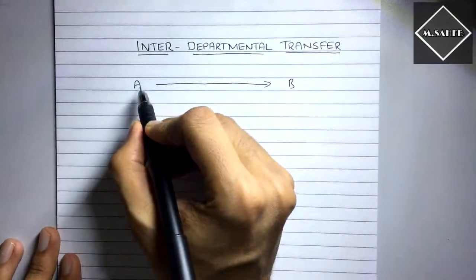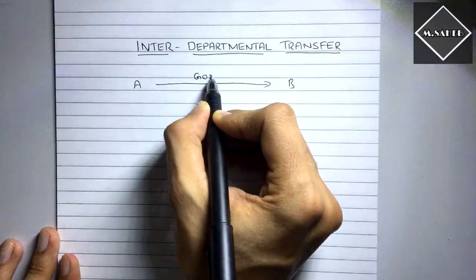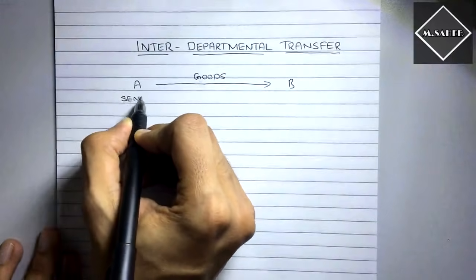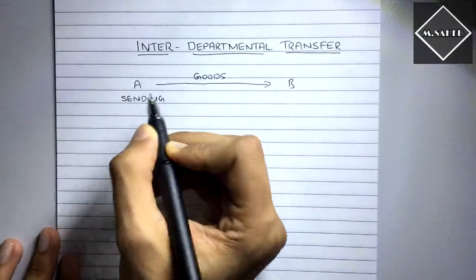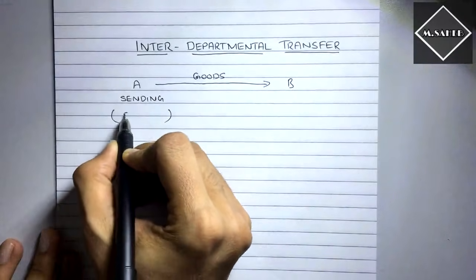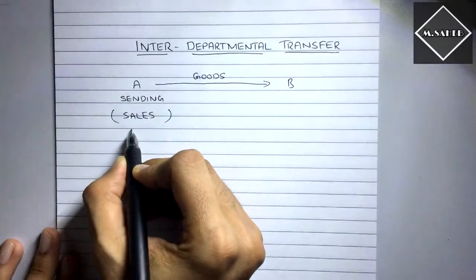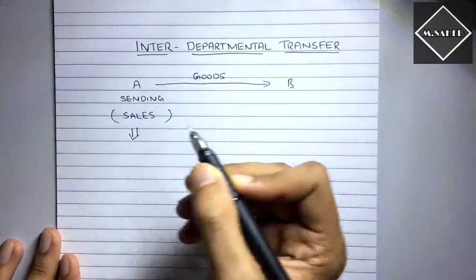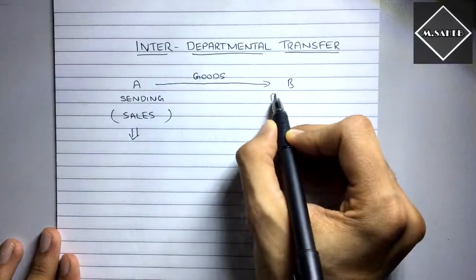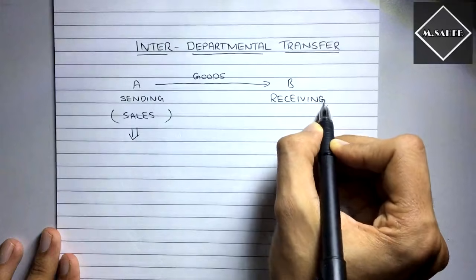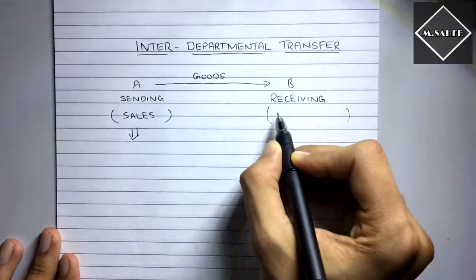Let's say the A department sends goods to B. Now the sending department will consider this transaction as sales, because the goods are going out from its department. And the B department, the receiving department, will consider this transaction as a purchase.